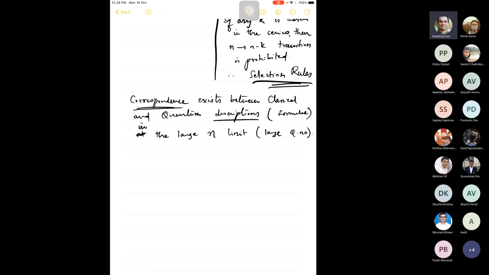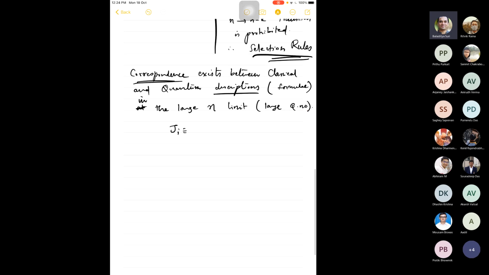So this is the state of affairs at the time of Bohr. The quantum condition was basically that J_i, equal to the integral of p_i dq_i, is n_i times h. So this is the quantum condition, and the n_i are specified to be integers.